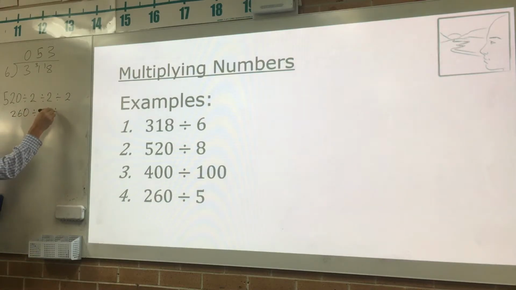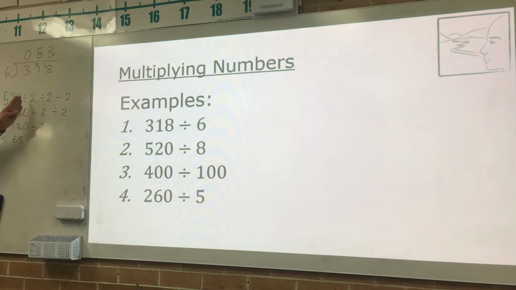Divided by 2 divided by 2. 260 divided by 2 is 130. And then we've only got 1 divided by 2 to go. So 130 divided by 2 is 65. So we've halved it, and halved it again to get to our final answer.